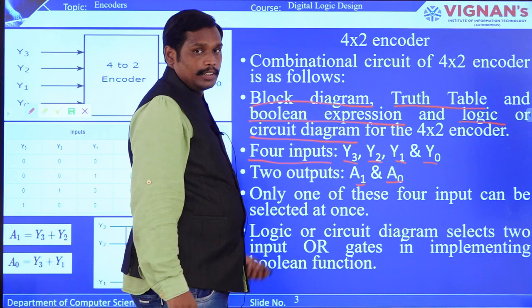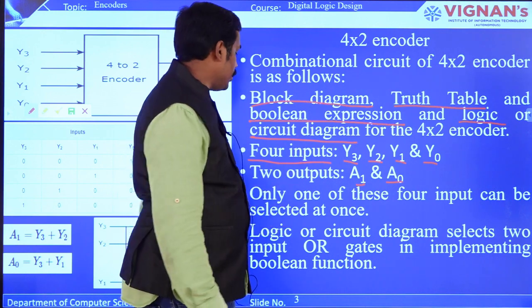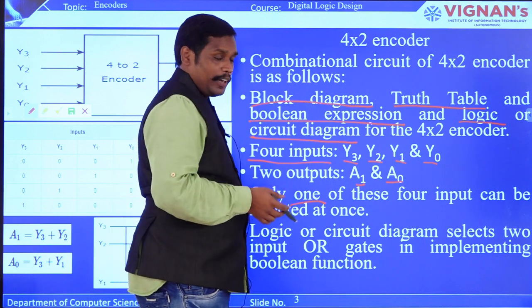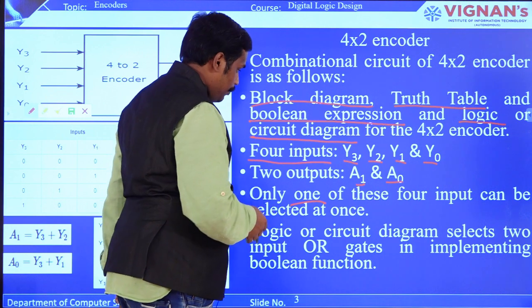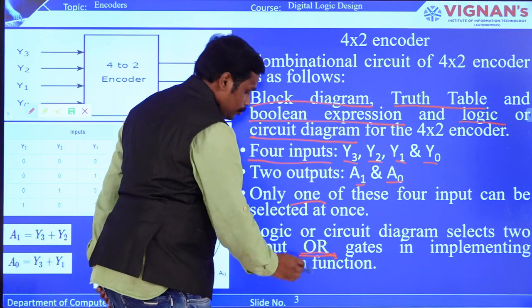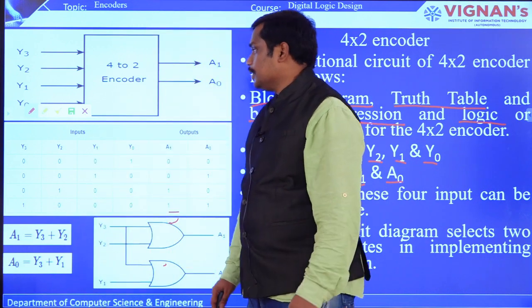Because it is a 4x2 encoder, we have 4 inputs and 2 output lines, with only one input line active at a time. Using the Boolean functions we use OR gates to represent this encoder, right. We will see how this works in practice.